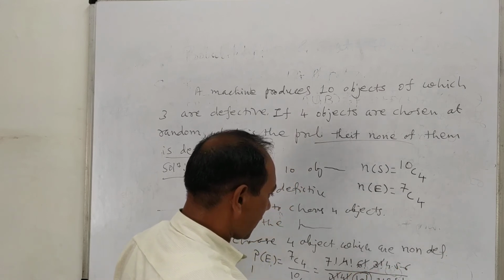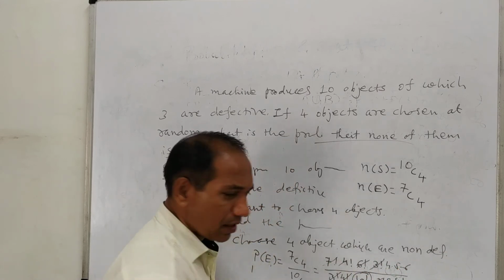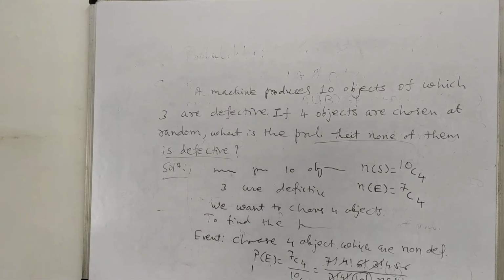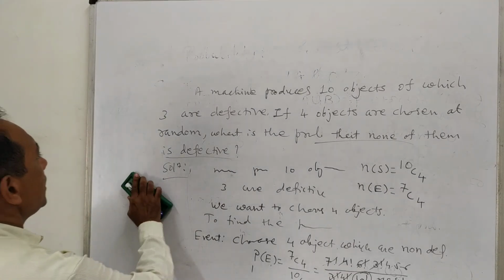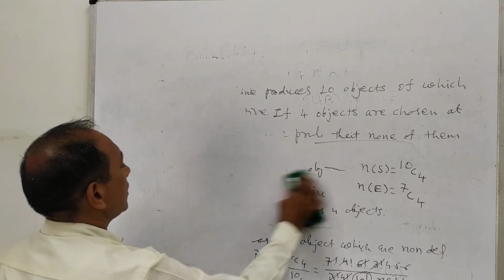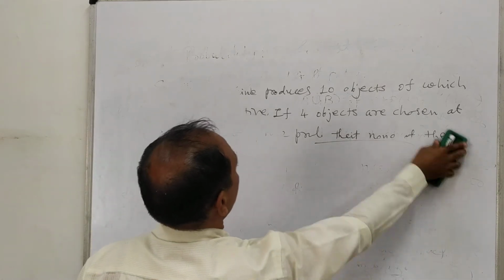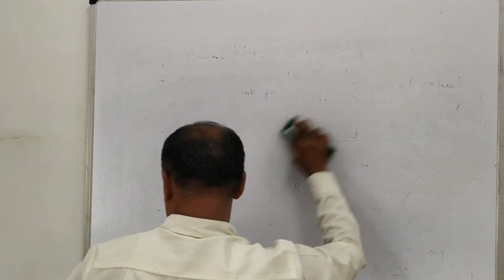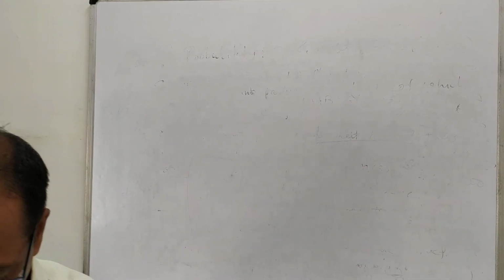So 3 factorial can be cancelled, 7 factorial can be cancelled, and the other numbers you can multiply very easily. So we can find the probability very simply. But one thing required is that you must focus on everything. Now let us see one more example.